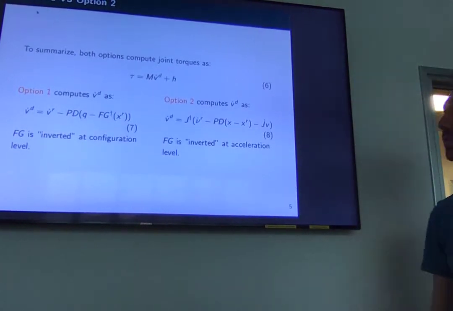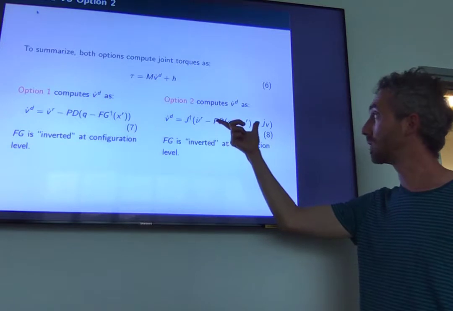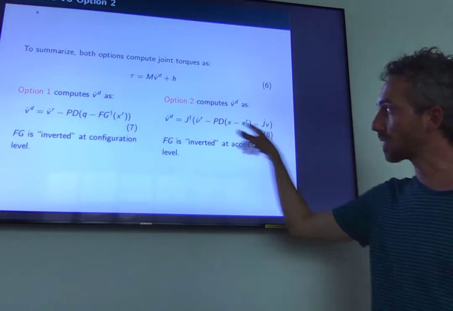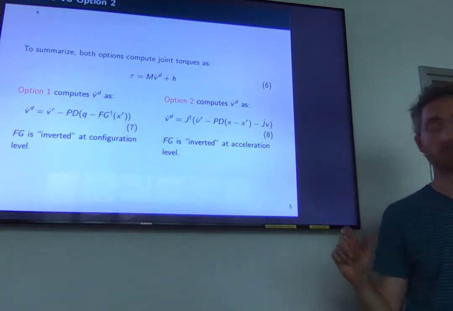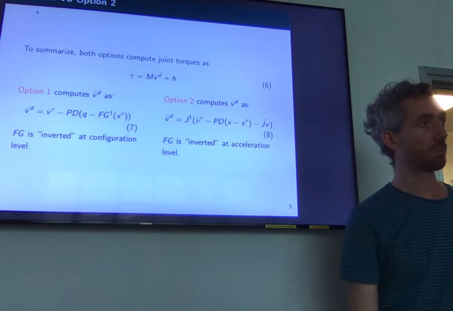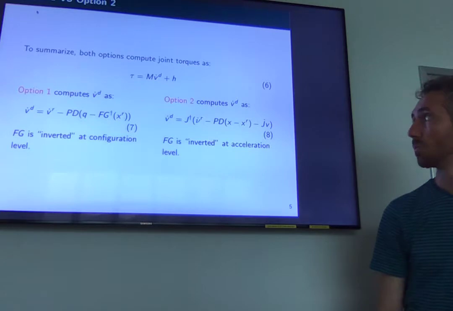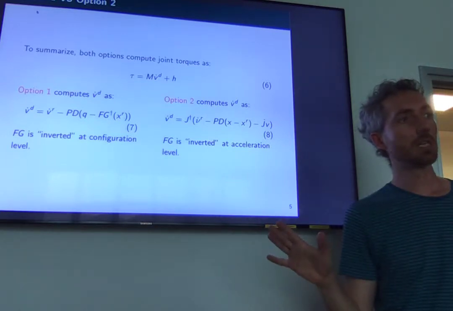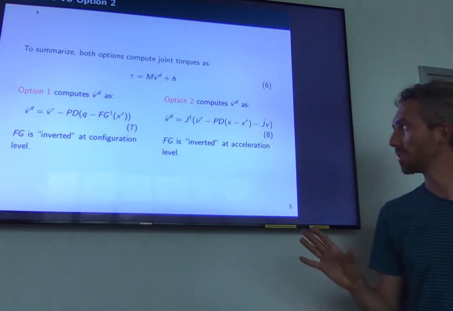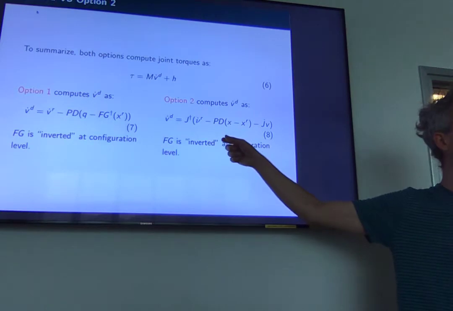Whereas in this second option, we are doing the PD directly in end effector space, which means that we are inverting the forward geometry function at acceleration level by using the Jacobian pseudo-inverse. So they are not so different from one another, but in practice we're going to use this, and this is what everybody uses in our community.